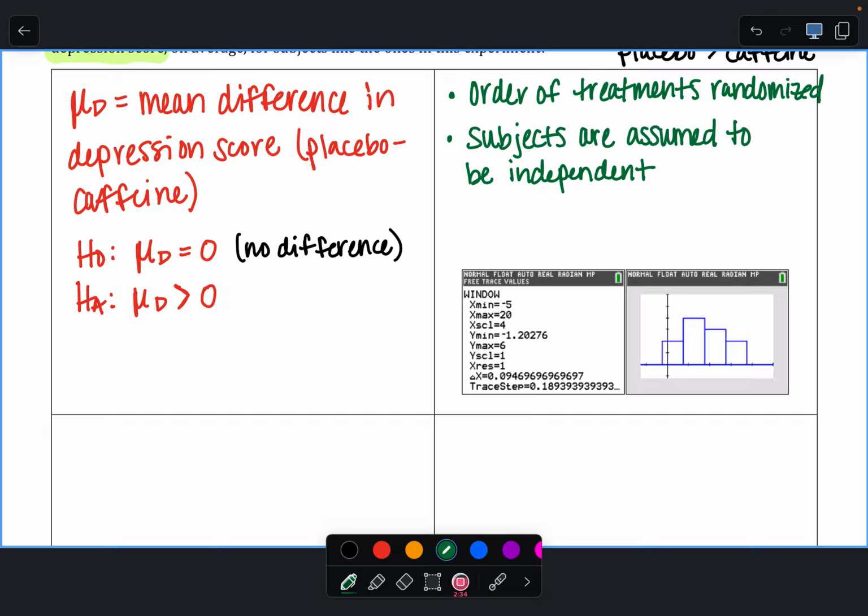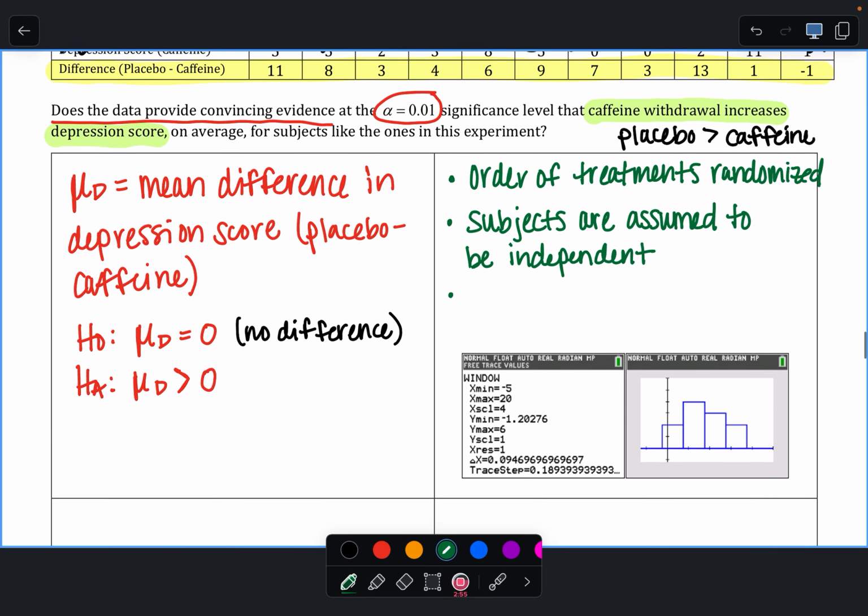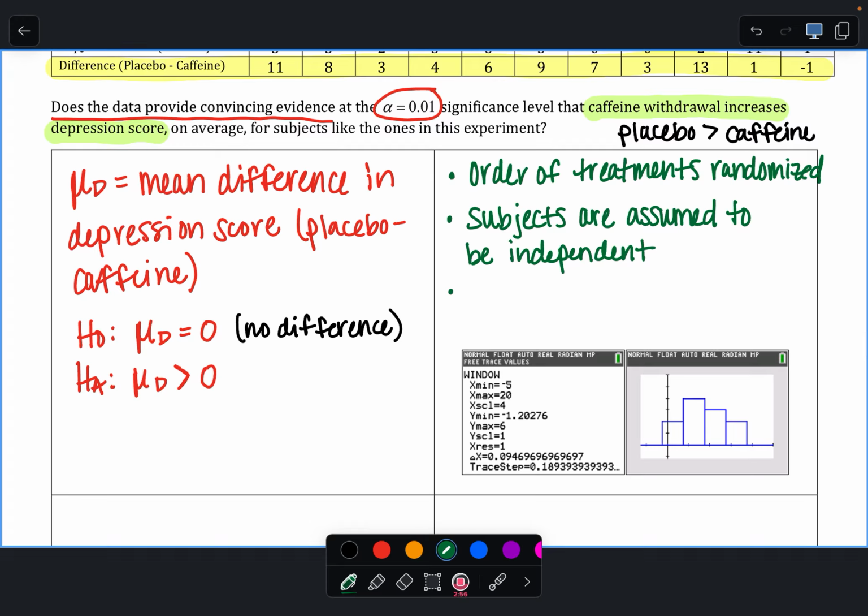The third thing that we should be checking is: is our distribution normal? So I went ahead and saved us the trouble. I am still going to advise that you put this data into your calculator because that's how we're going to run the test. But what I did is I took all of the calculated differences, what I have highlighted in that last row, I put it into L1, and then I graphed my histogram.